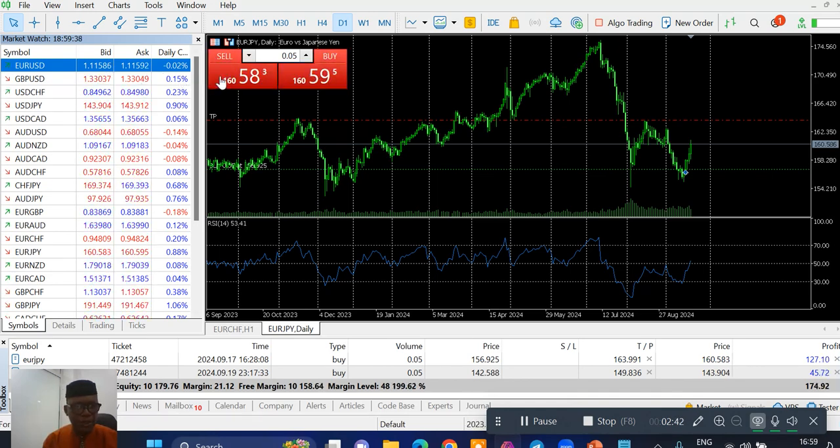So here you would see, for euro USD, you will see the bid, you see the ask, you see the difference. So when you pick a trade, you will notice that most times you start with a small loss. That is the spread. That is the profit that the broker is making.